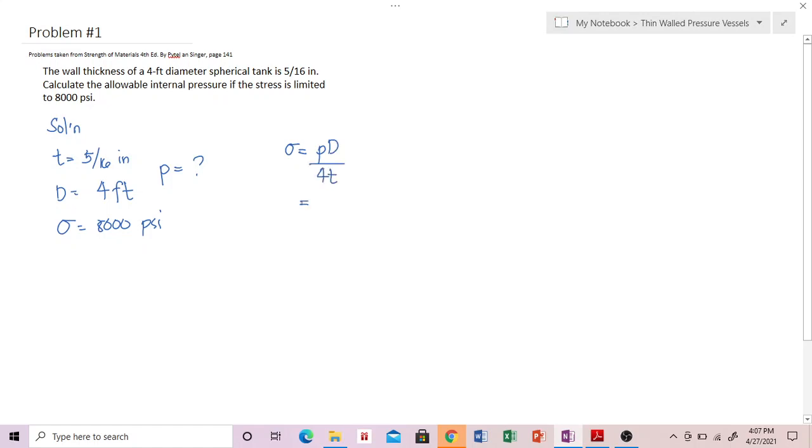Okay, substitute. Unknown is P. Substitute the stress, which is 8,000, equivalent to the internal pressure P. The diameter is 4 feet multiplied by 12 to make it in inches. 1 foot is 12 inches. Then, 4 multiplied by t, 5/16 inch. Okay. So, the internal pressure, calculate.